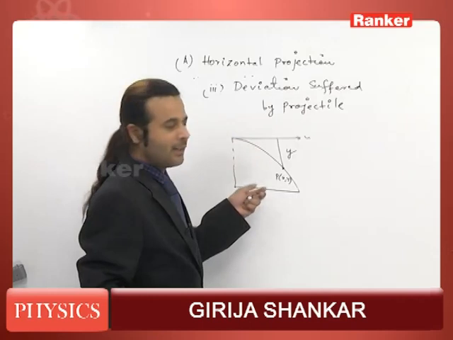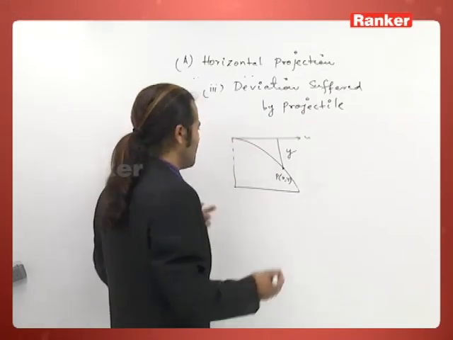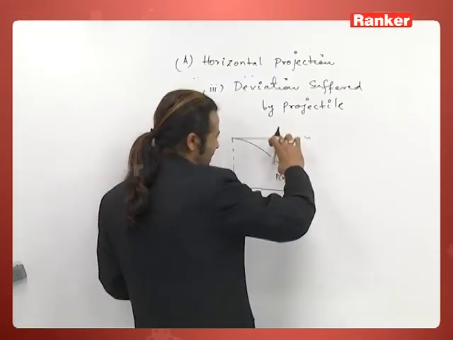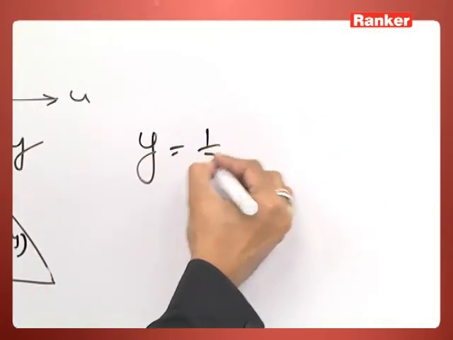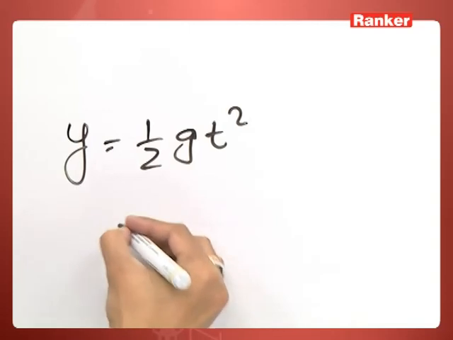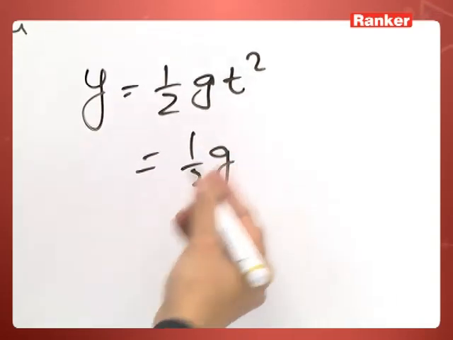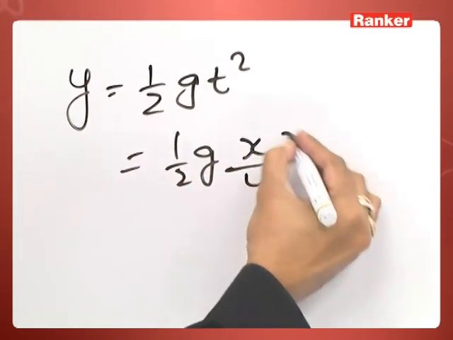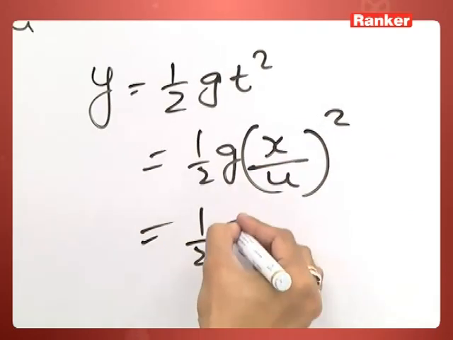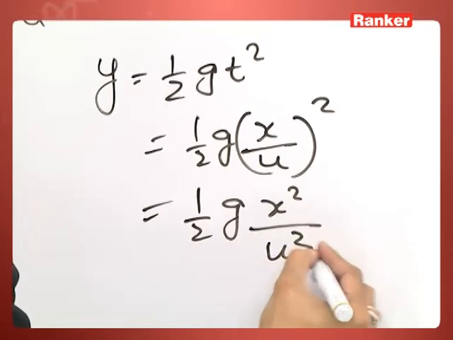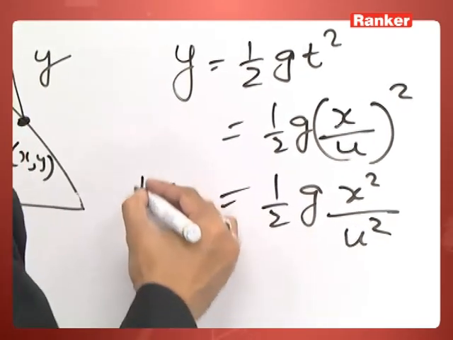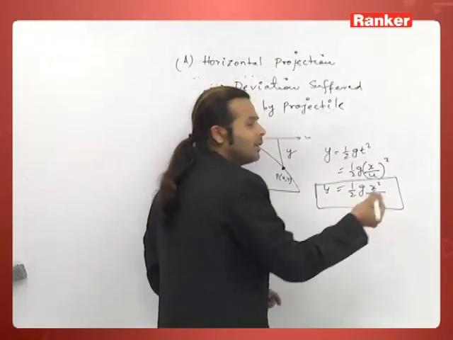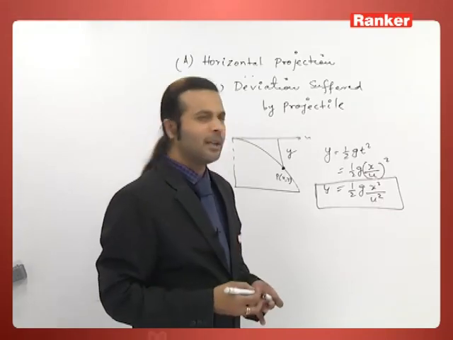But since gravity is acting, gravity pulls the body. Suppose at any point I say this is the deviation suffered by the projectile, where I can write y is equal to half gt square, or half into g into x by u whole square. Same as when we discussed the first point, the equation of trajectory. This is the deviation suffered by the projectile.